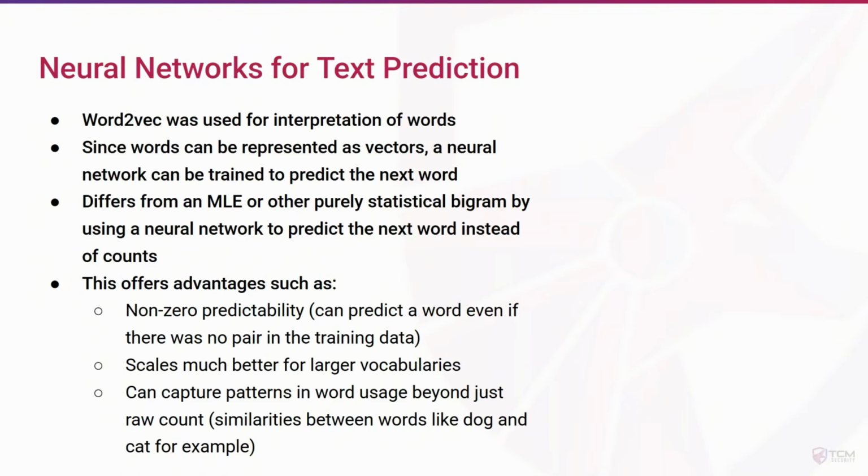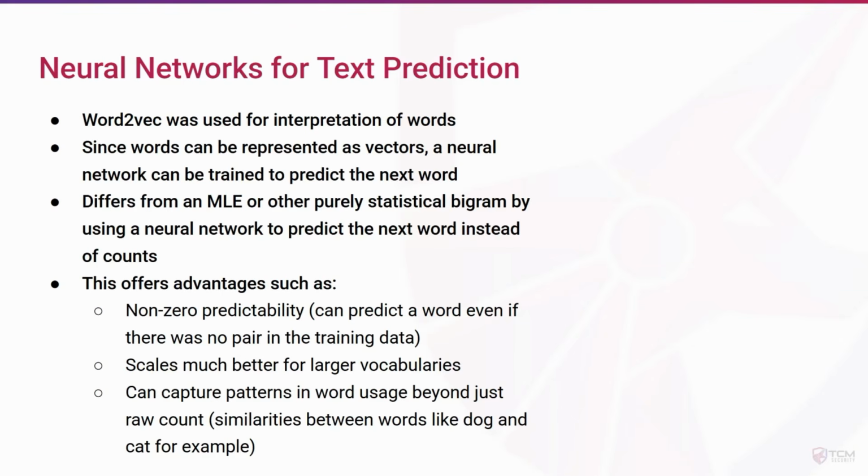However, since we know that words can be represented as vectors, we can use a neural network and train it to predict the next word. Given a vector that represents the semantic meaning of a word as the input layer, we can have one hidden layer or a set of hidden layers that feeds out to an output layer, where the output layer is just the probability of the following words.